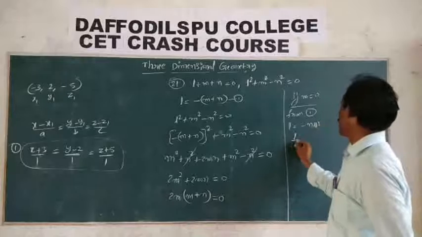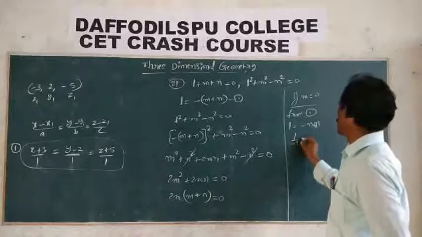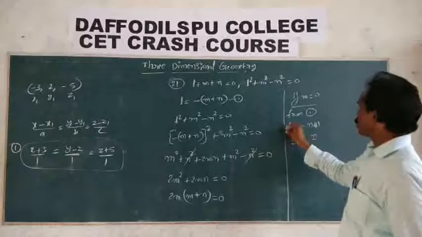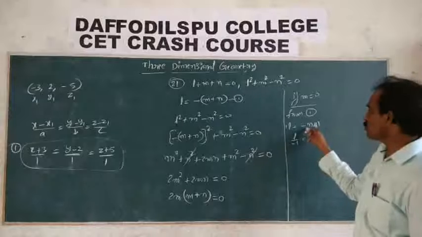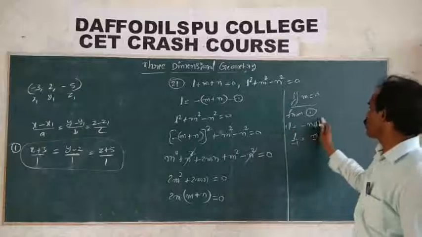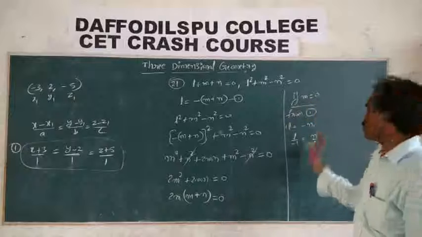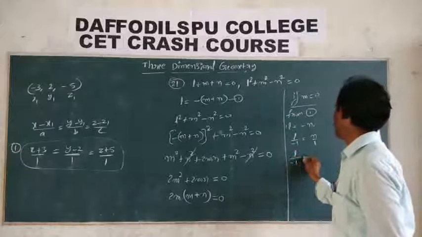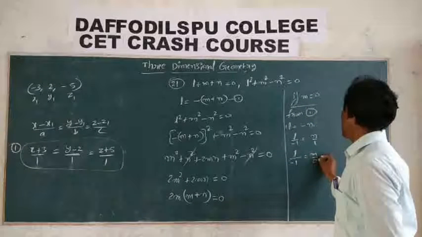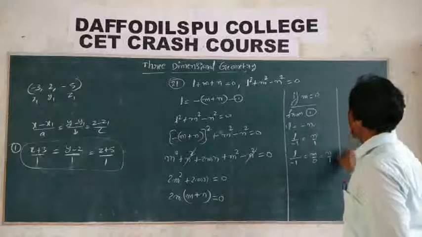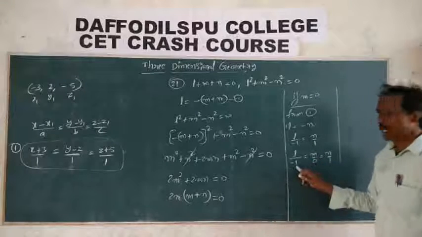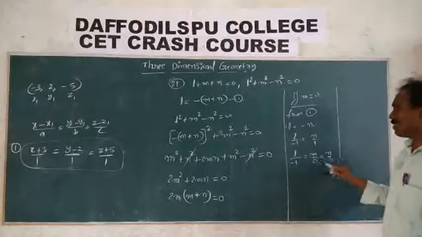So 1 take this side, means minus 1. L quotient is 1, L quotient is minus 1. Minus 1 take this side, L quotient 1. That implies 1. Therefore, when m is equal to 0, L by minus 1, m by 0, n by 1. Okay. These are the first line direction cosines L1, m1, n1.